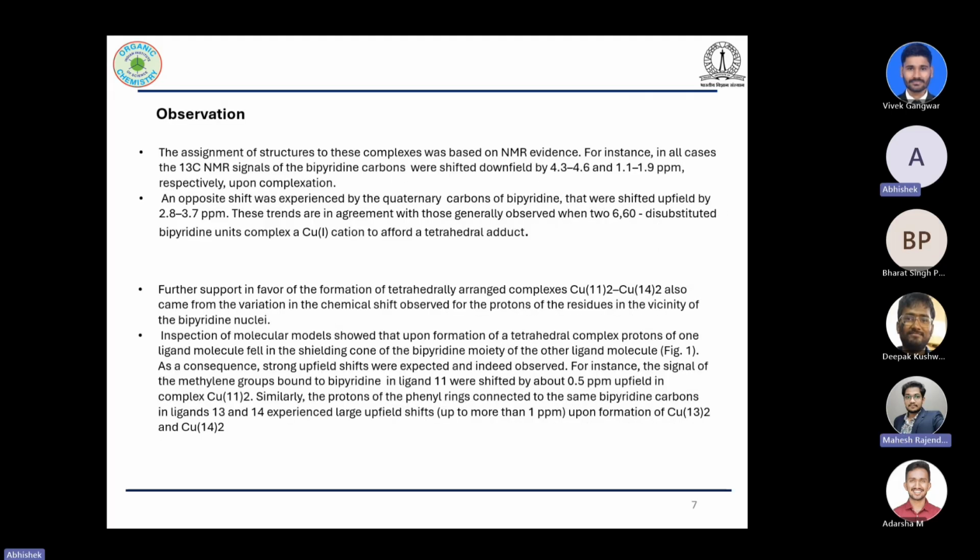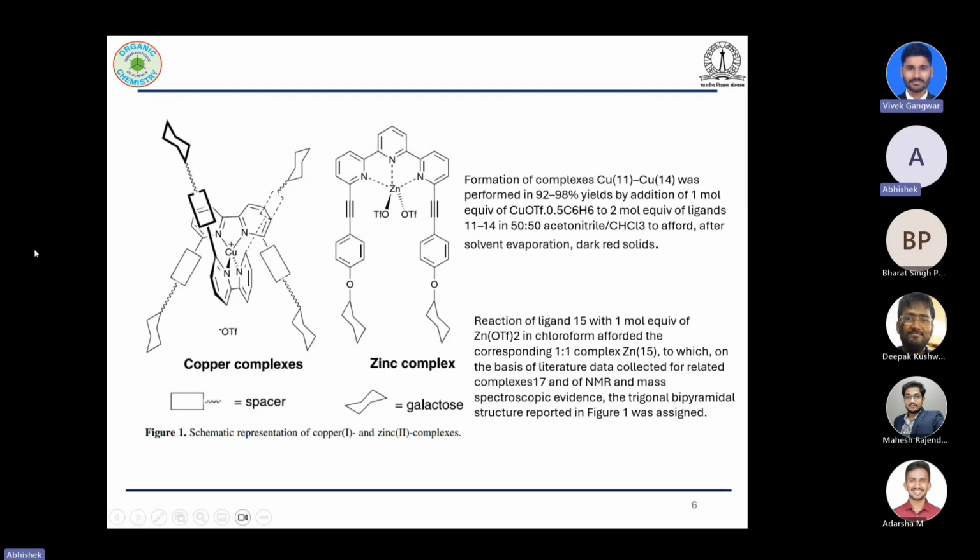They are saying that the opposite shift was experienced by the quaternary carbon of bipyridine, which was shifted upfield. When the bipyridine is in contact with the metal, by comparing this they are talking about TBP and tetrahedral.